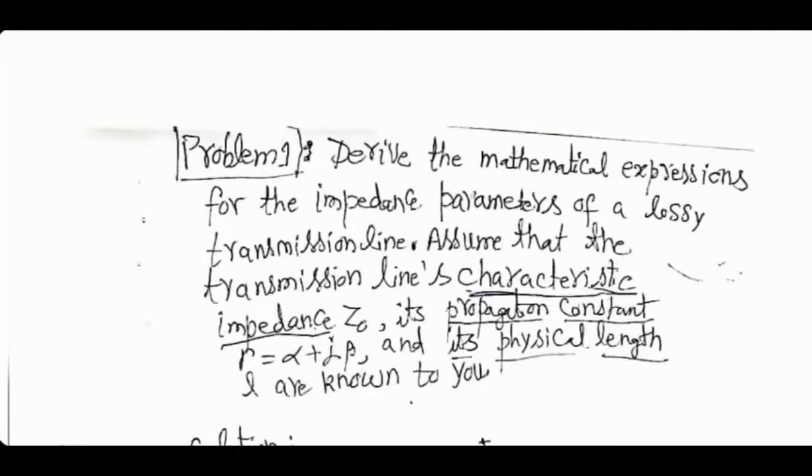That means properties depend on the location at which you are observing the properties, especially voltage and current. However, it should still be possible to figure out the various circuit parameters for a transmission line. Today, that's what I'm going to concentrate on.